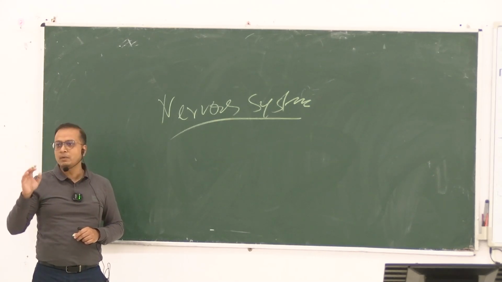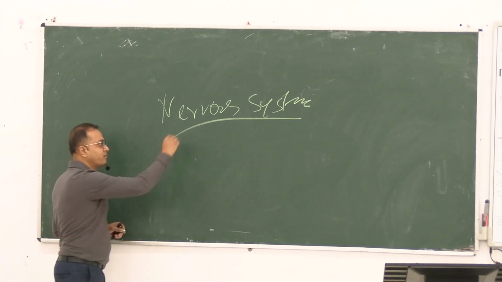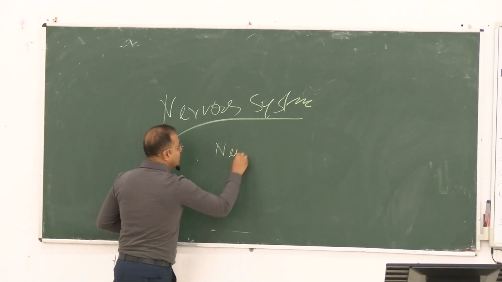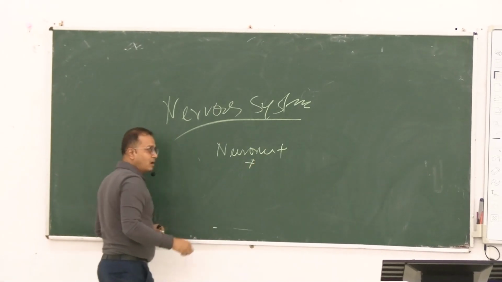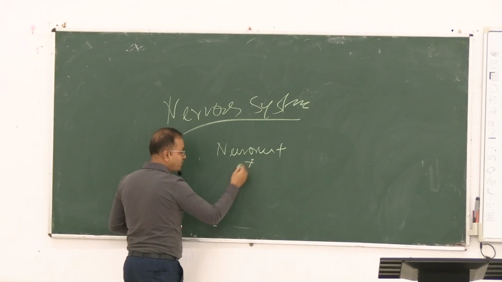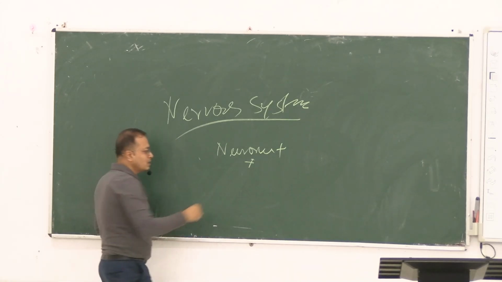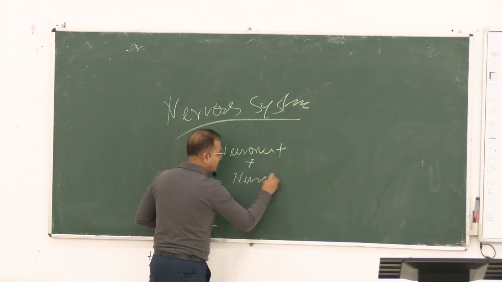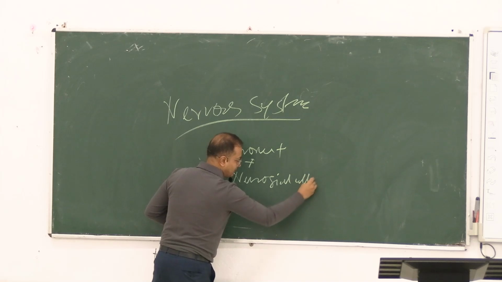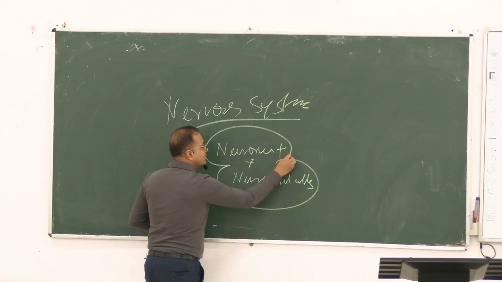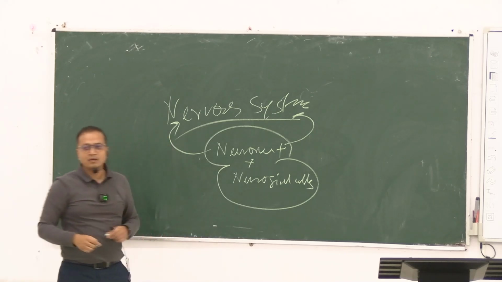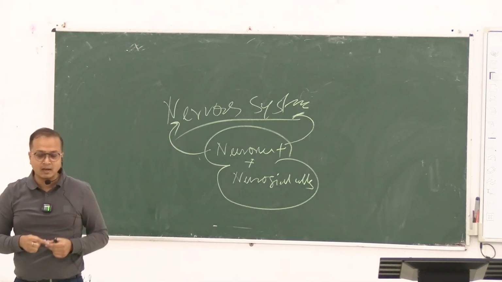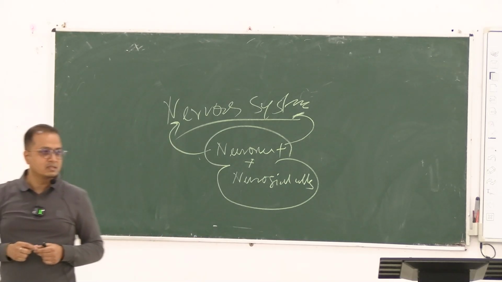Within them, the working cells are neurons, and neurons are aided by support cells that we call neuroglial cells. These neurons and neuroglial cells form this system and run the human subject. We call it the nervous system.